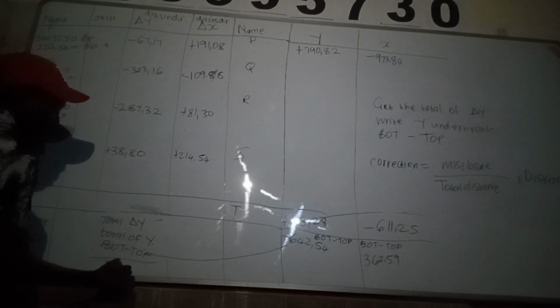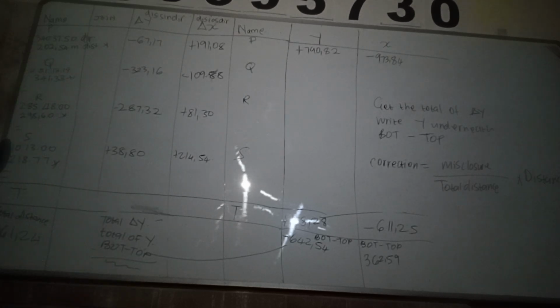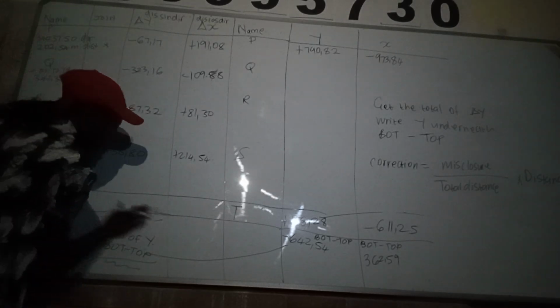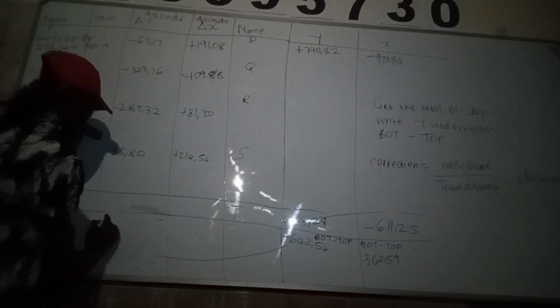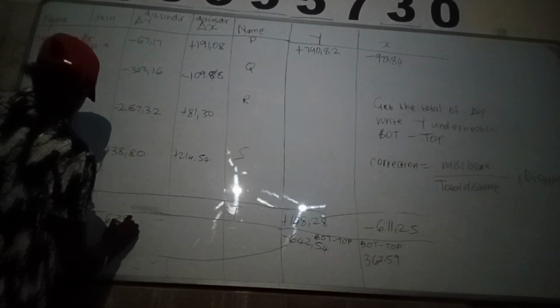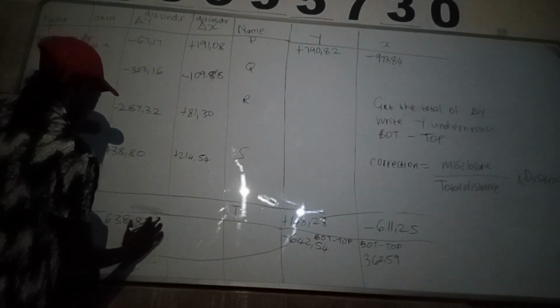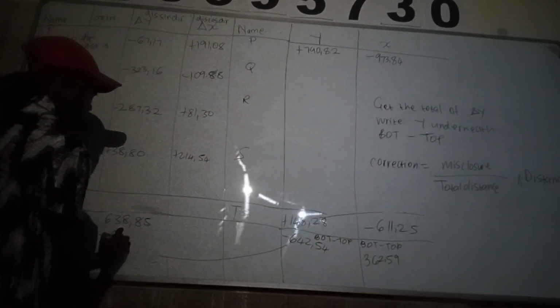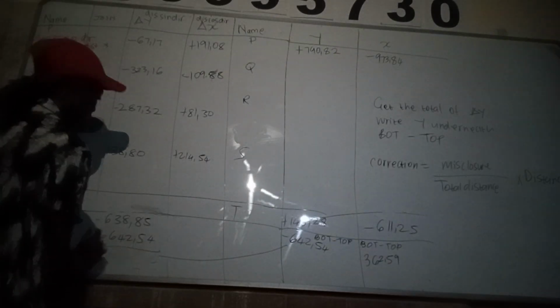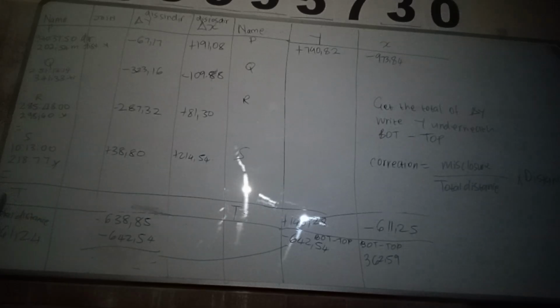You will write your answer there, and then you can calculate. And I'll just take the answer here. Negative 638,85 minus 642,54. The answers are incorrect, okay? Just bear with me.